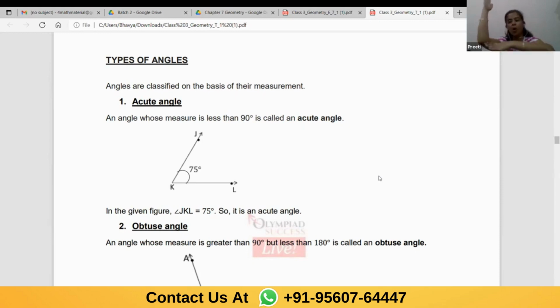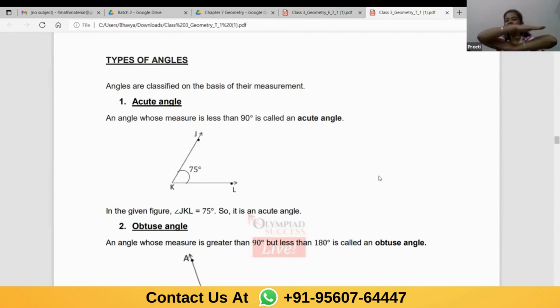Till this is 90, and if I go beyond this to make a straight line, this is called a straight angle. Anything that lies between 90 degree and 180 degree is called an obtuse angle.